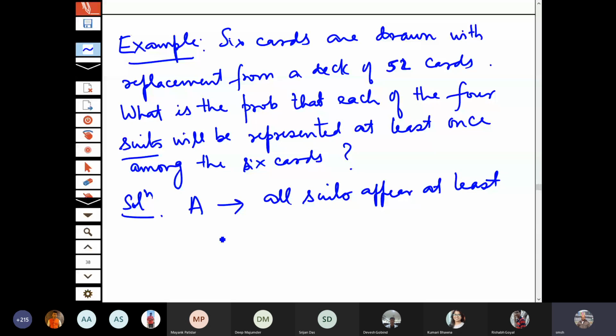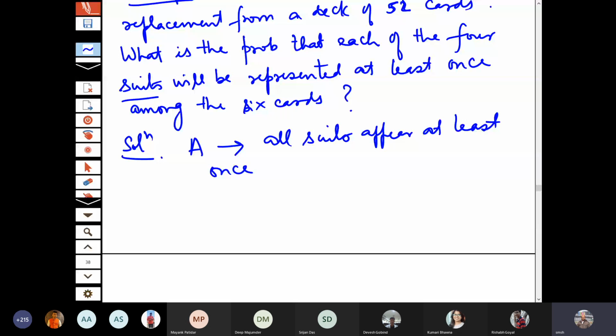If I want to calculate this probability directly, one can do it, but it is going to be very complicated because counting the number of cases will be difficult. We can have 3 of spades and 1 each of heart, club and diamond. Then we can say 2 of each and so on.